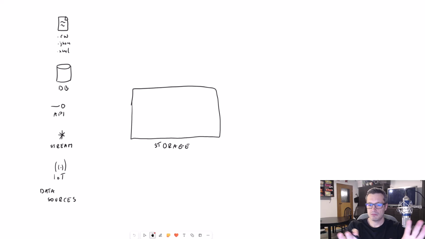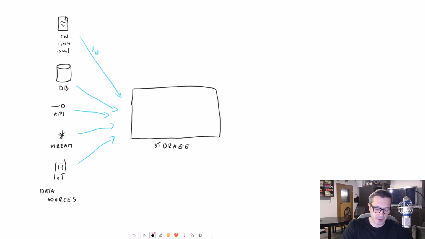But for now, it is just a place where we store the data. So what we usually do in our solutions is that we have to load this data from those various sources into our storage area. And that's the first phase, quite important one. That's data ingestion.